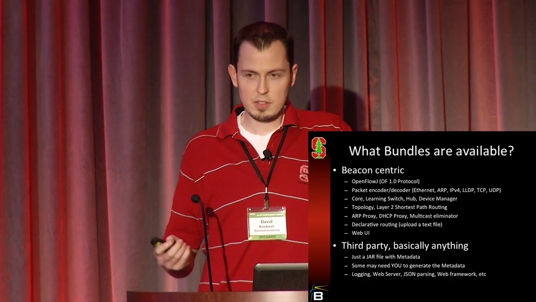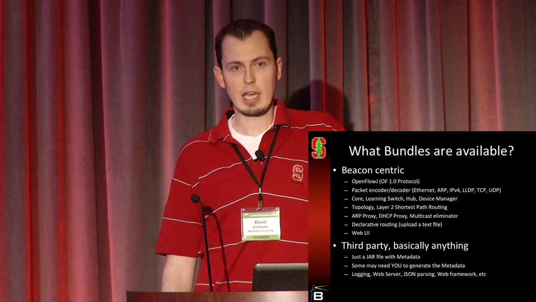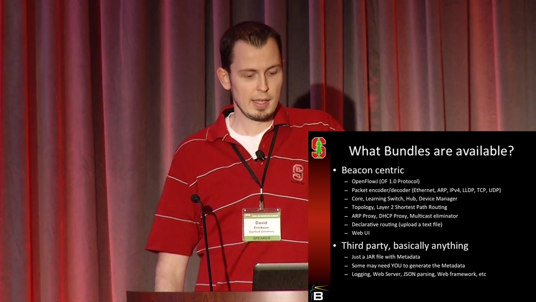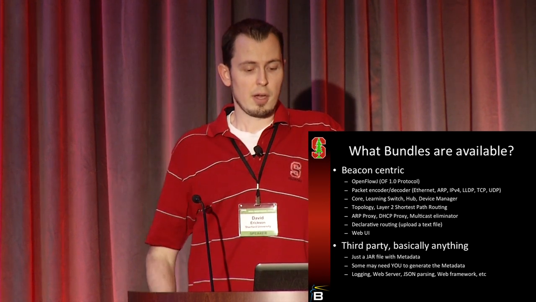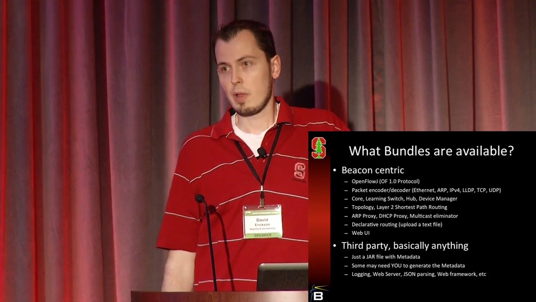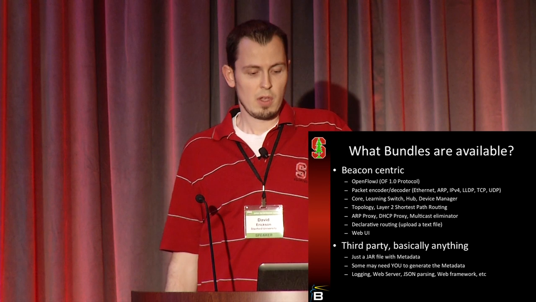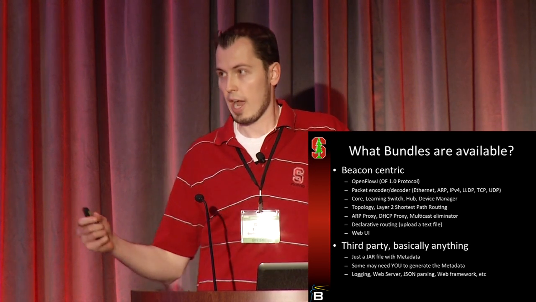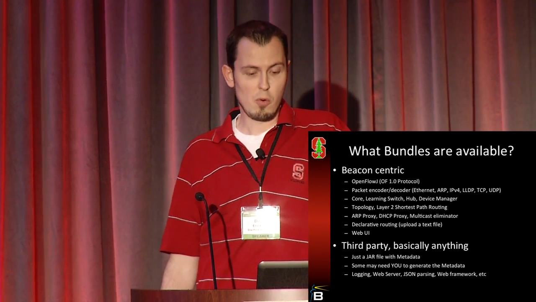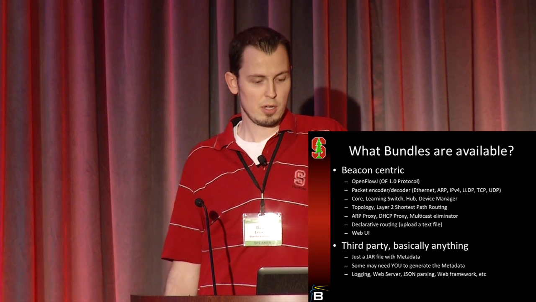So we have lots of built-in bundles, kind of the typical stack that's available in most controllers today. OpenFlowJ does our protocol decoding in Java. We have typical packet header encoders and decoders, as well as learning switch, which I demonstrated, and hub. Some slightly more advanced modules are device manager, which tracks known devices across your network.